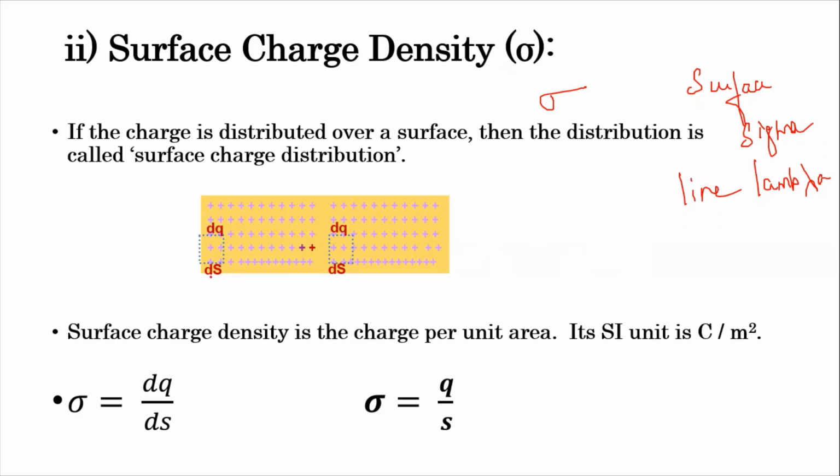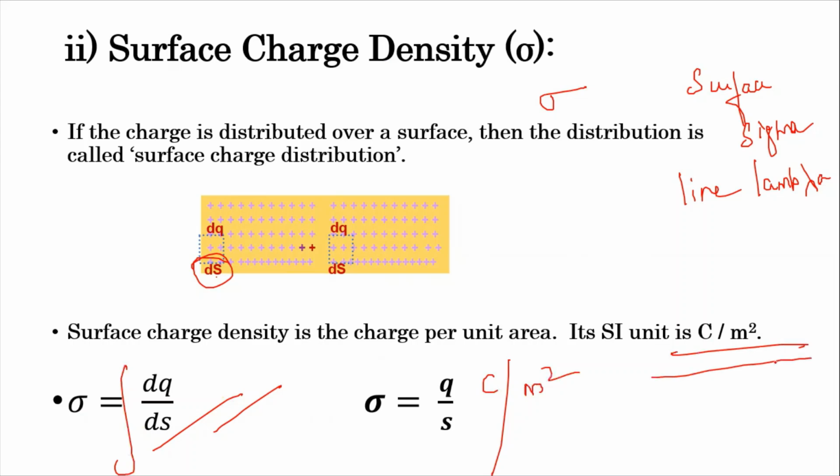There it was line, so we took dq by dl. Here, as it is surface, sigma is equal to dq by ds. When you integrate it for the entire area of the sheet, you will get q by s. Q is measured in coulombs, surface area in meter square. So the SI unit is coulomb per meter square.